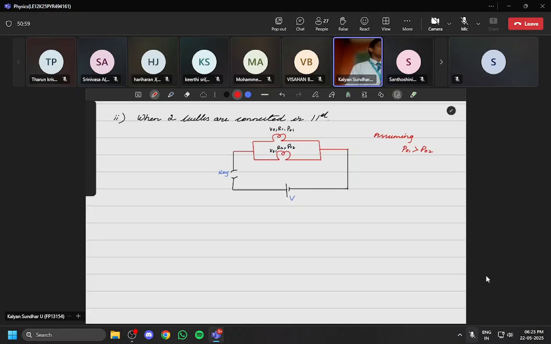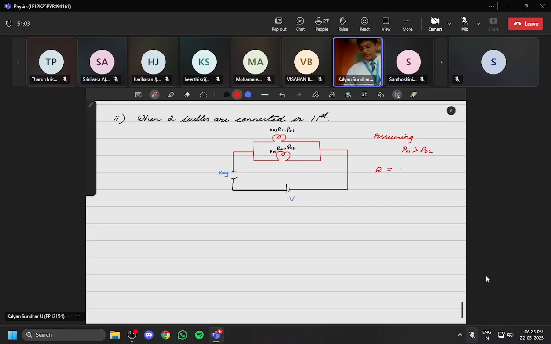First resistance கண்டுபிடிக்கணும், கரெக்டா? Resistance கண்டுபிடிக்கும் போது your R1 will be equal to V0 square by P01, correct? And similarly R2 will be equal to V0 square by P02. These are your resistance values.